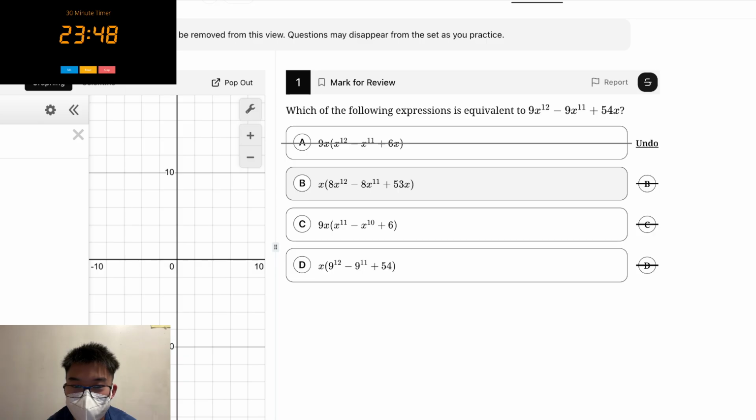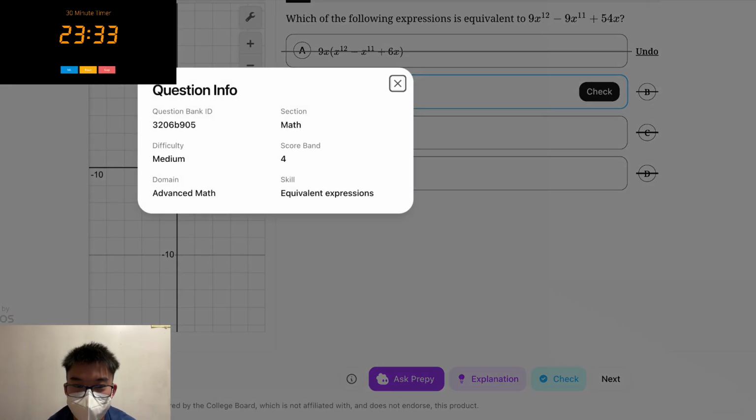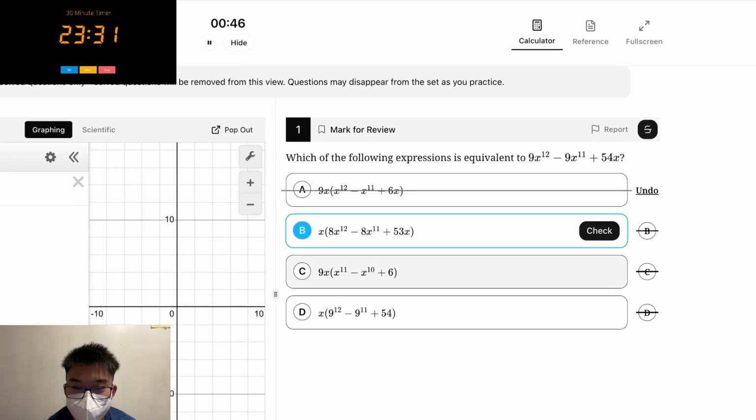Yeah, this one can't be correct. You add x, that's 9x. You add this, it's going to be 9. You add this, it's going to be 13. This is probably a medium. Shouldn't have taken that long, to be honest.